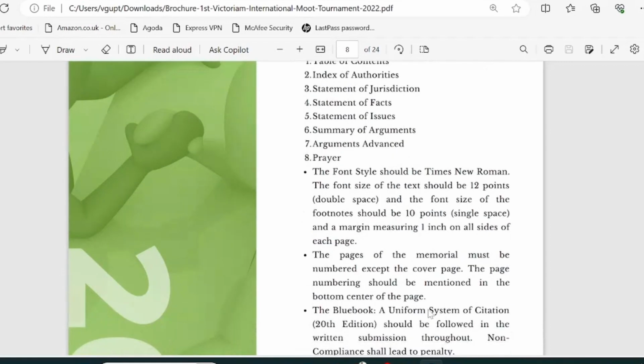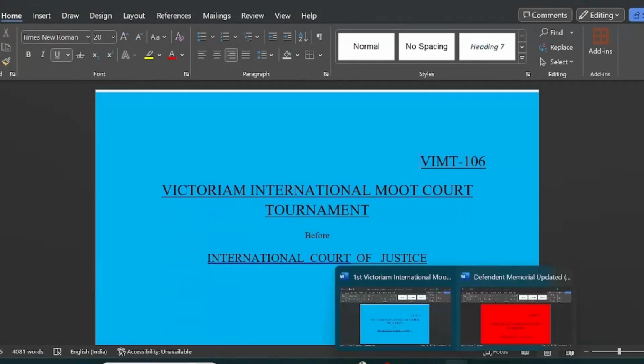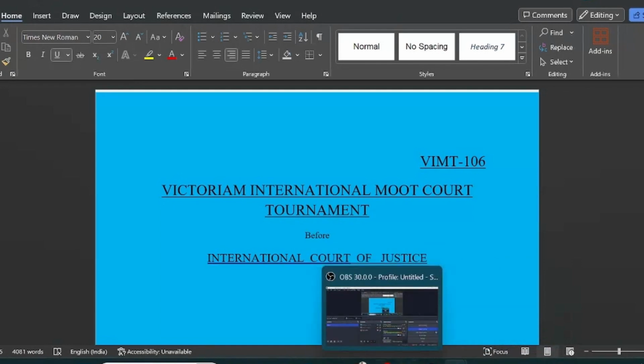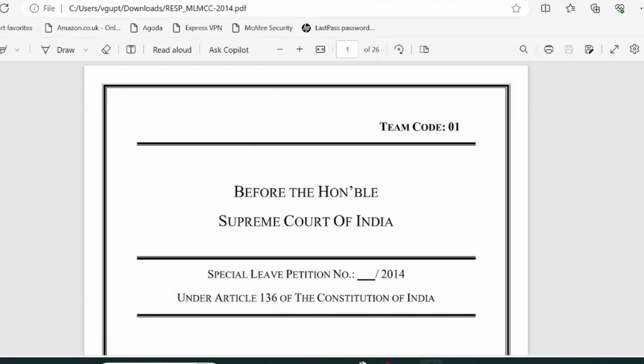For reference, I'll actually be showing you a lot of memorials. So this is the memorial that I drafted for my competition. Other than that, we'll also be referring to this, the winning memorial for the KK Luthra International Moot Court Competition, and this is a memorial that was available on the National University Odisha website. Both of these memorials are publicly accessible. There is no infringement of copyright.